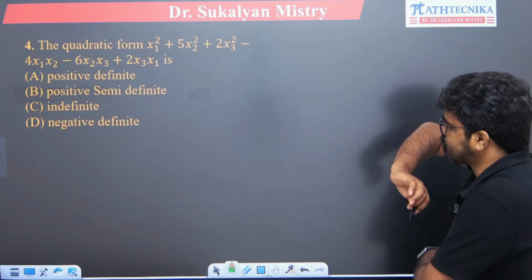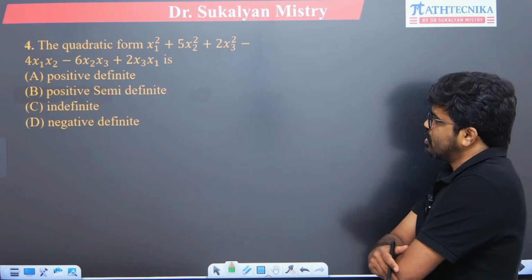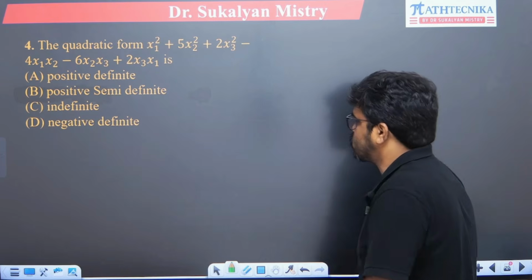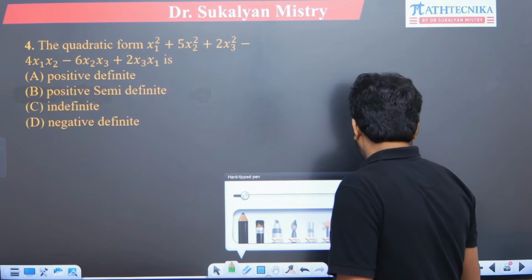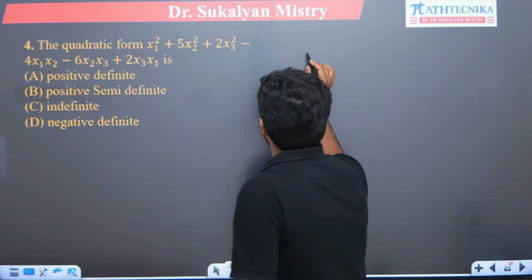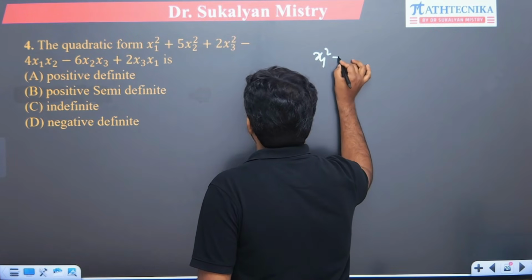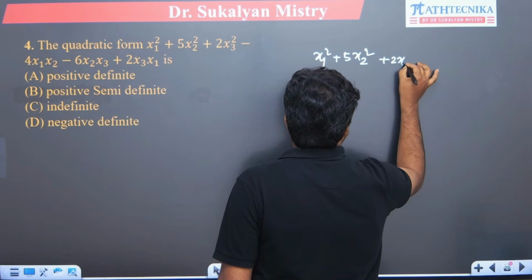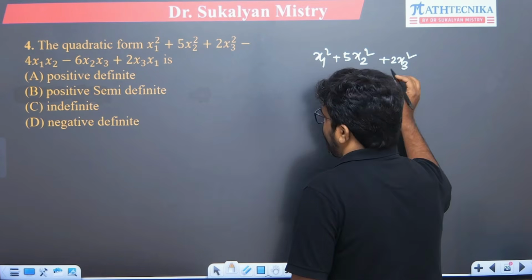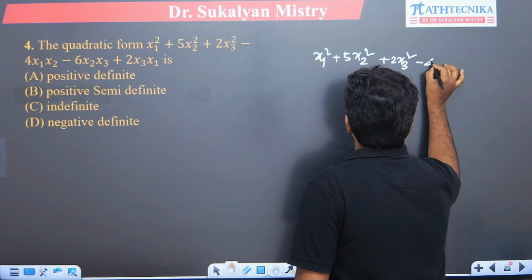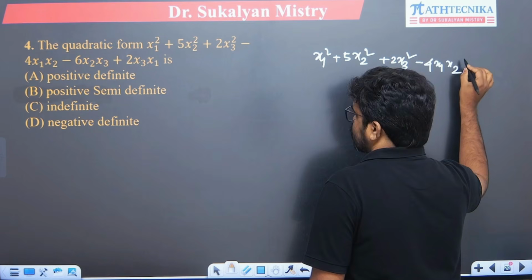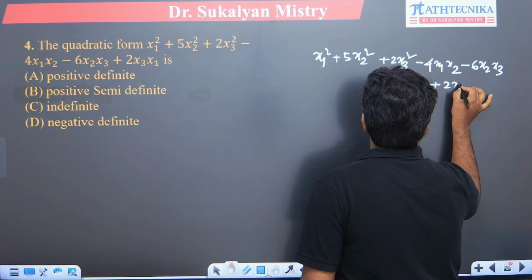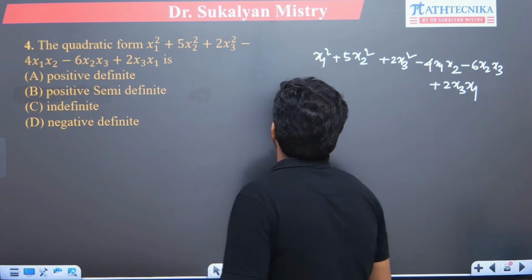Next problem. See this problem. The quadratic form x1 square plus 5x2 square plus 2x3 square minus 4x1x2 minus 6x2x3 plus 2x3x1.